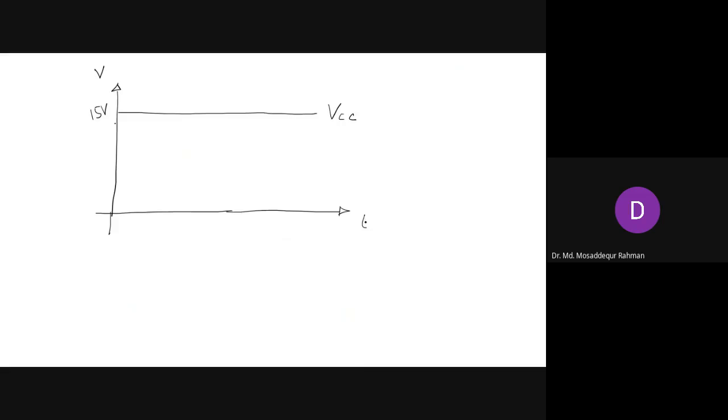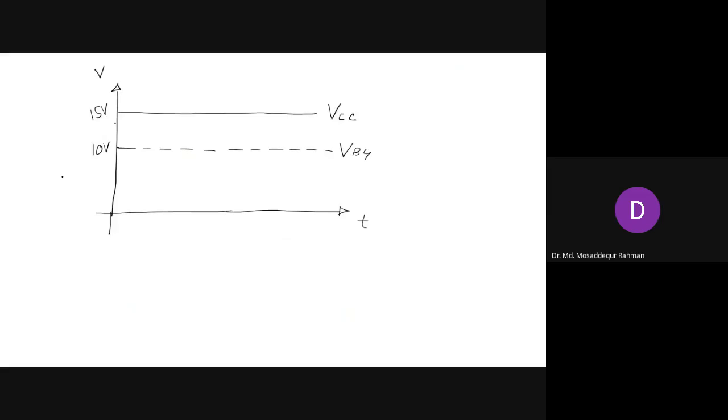This is our time axis, and then we have our VB4, which is about 10 volt, somewhere here. So that's our VB4, 10 volt.